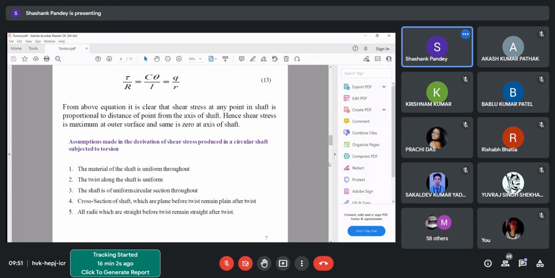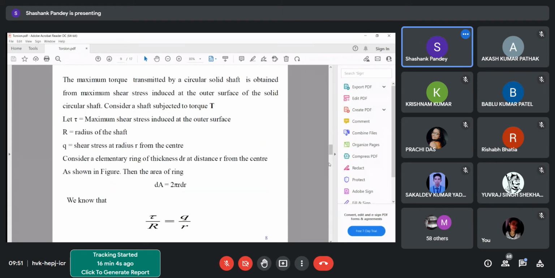Based on this, we assume the maximum torque transmitted by the circular shaft is obtained from the maximum shear stress induced at the outer surface of the solid circular shaft.